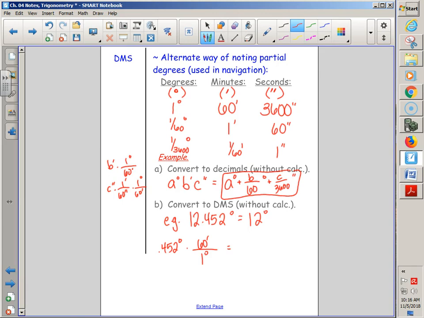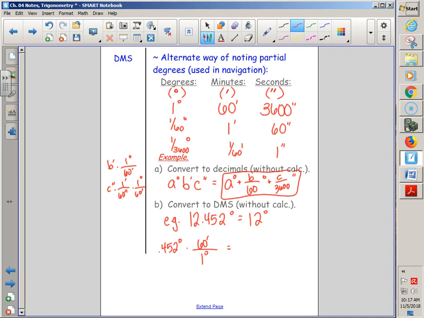Still building bridges, basically, right? Getting rid of what we don't want. But we have to take our decimal of, what is it, 0.452? You guys can double check me, make sure I'm right. When I get 27.12? Okay.